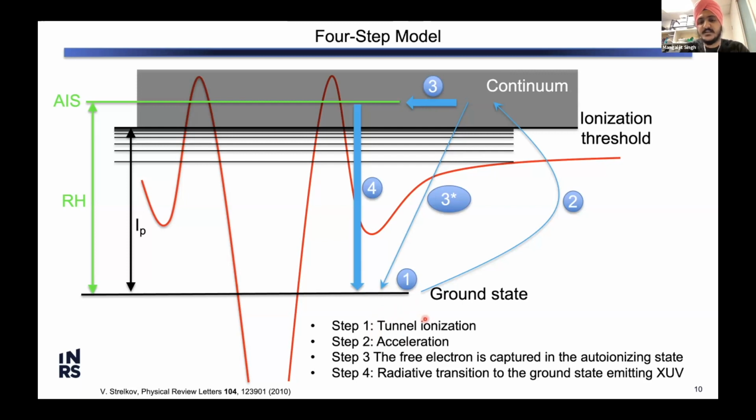That is the tunnel ionization of the valence shell electron, and then its acceleration towards the continuum. However, in the 3rd step, instead of directly recombining in the ground state, the tunnel ionized electron gets trapped in the auto-ionizing state. It's captured by the auto-ionizing state, and finally, in the 4th step, it again gets recombined into the ground state, emitting the intense resonant harmonic.